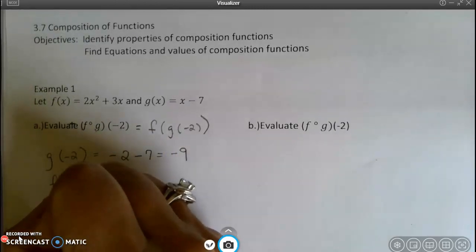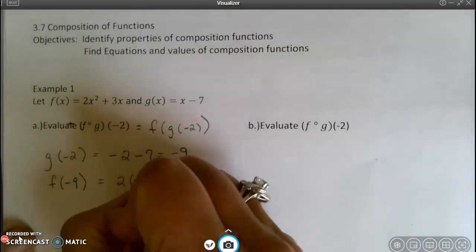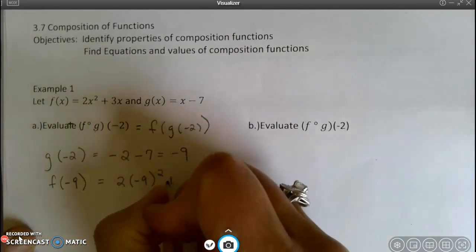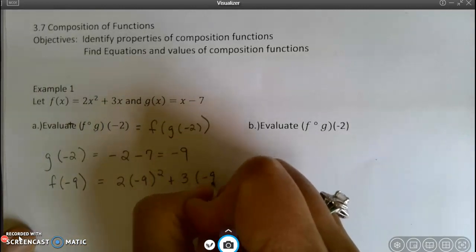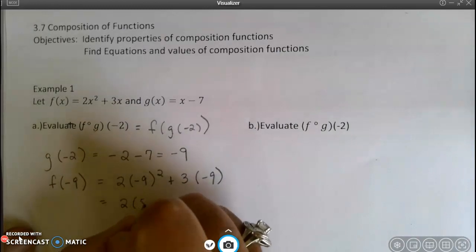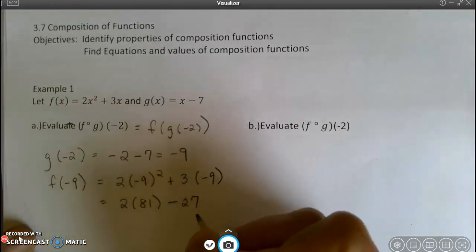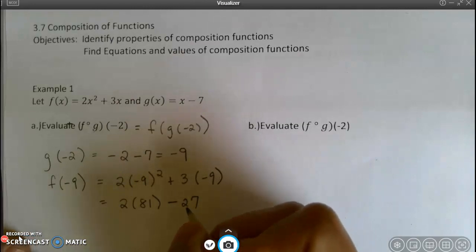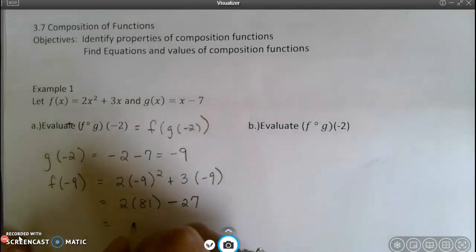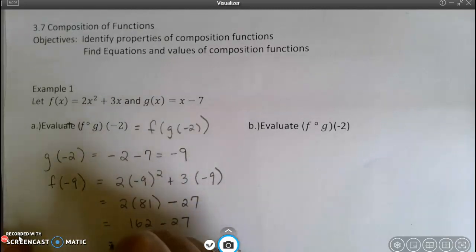So now I'm going to find f at -9, which is 2 times -9 squared, plus 3 times -9. It's going to give me 2 times 81 minus 27. And when I do that, I get 162 minus 27, which yields 135 as my final answer.